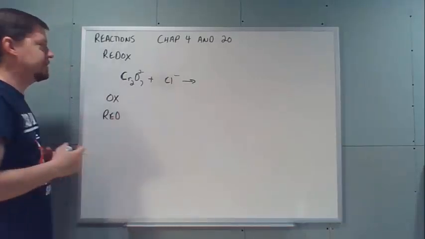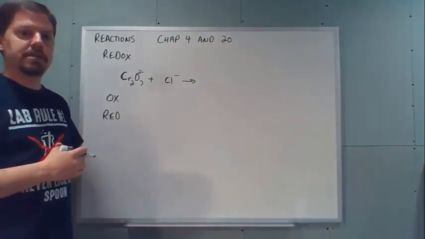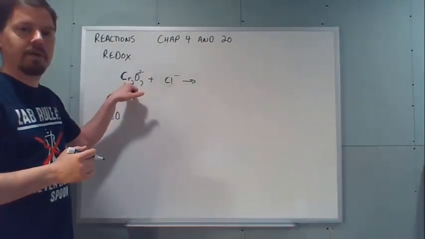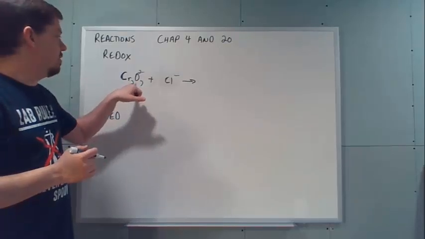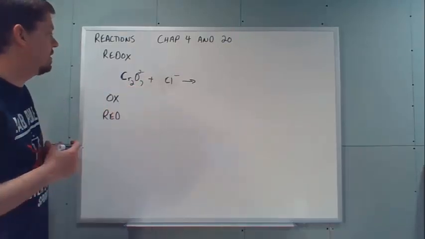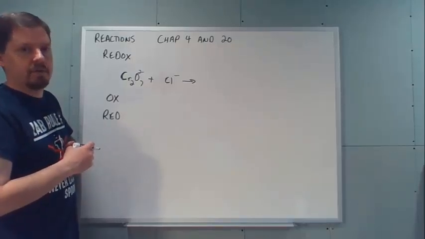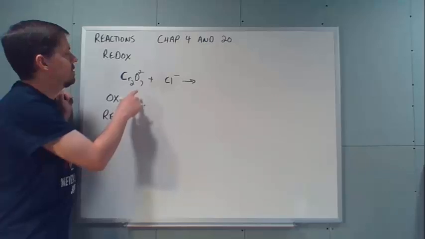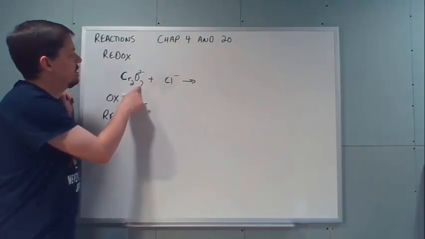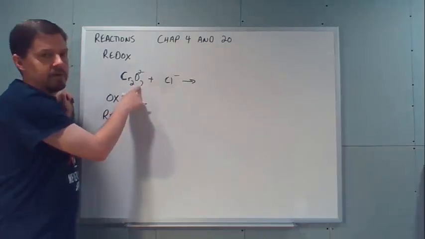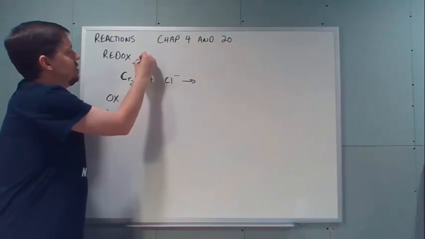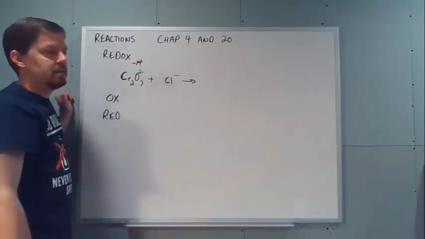So let's do our reduction first. Our reduction is going to be related to the chromium here, because if we figure out based on the oxidation numbers, the oxidation number of chromium is going to come out to be a pretty high number. So oxygen is a -2. There are 7 of those, so that gives the oxygen a total of -14.